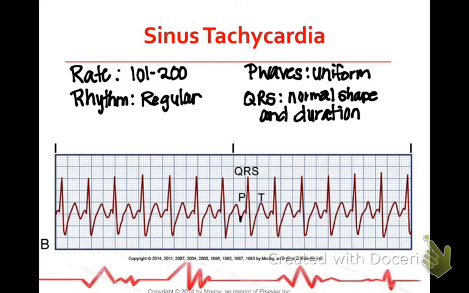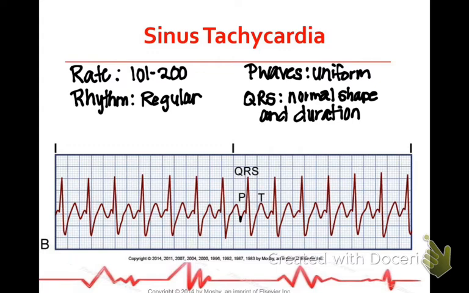It's fast. 1, 2, 3, 4, 5, 6, 7, 8, 9, 10, 15, 150. So typically, it says 101 to 200. It can be considered sinus tach. We're going to talk about SVT, and usually, if you see it somewhere, then SVT is usually greater than 150.